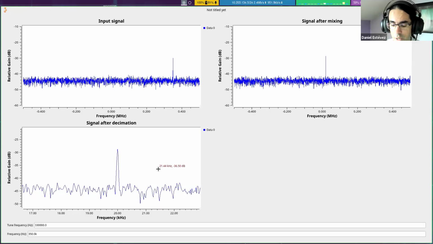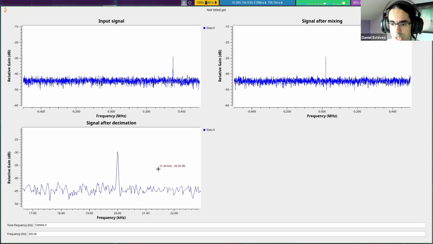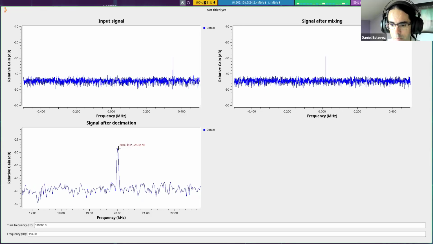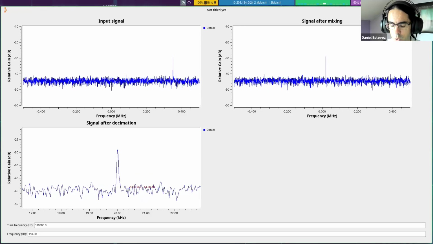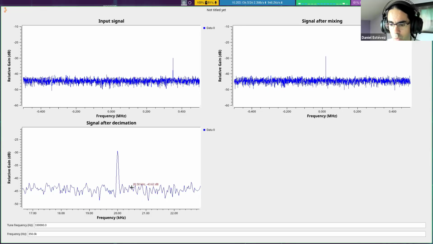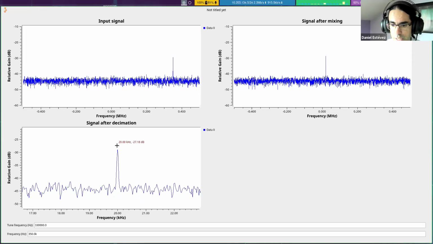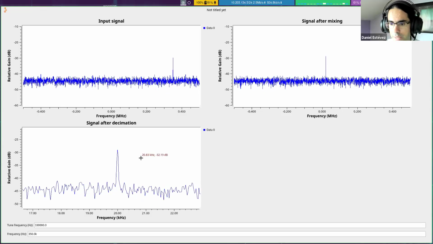So that's where the signal to noise ratio degradation comes from. If we actually compare the signal power against something which is on absolute terms, like the noise power in 1 hertz, then we will see that the signal to noise ratio is 10 dB lower in this plot.